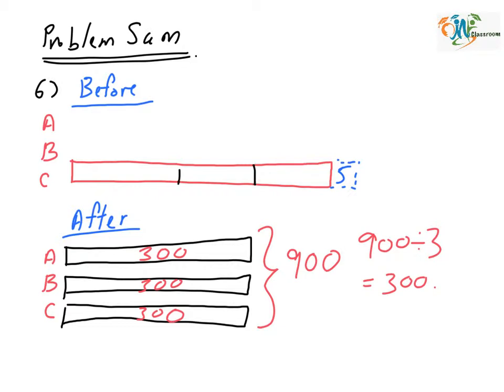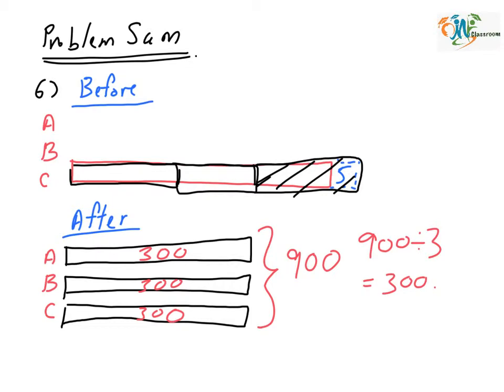Why 3 parts? 1 part, 2 parts, and 3 parts. Then after that, he will give this additional 1/3 to A. You all see this? So you see, can you see that 2 units is 300.